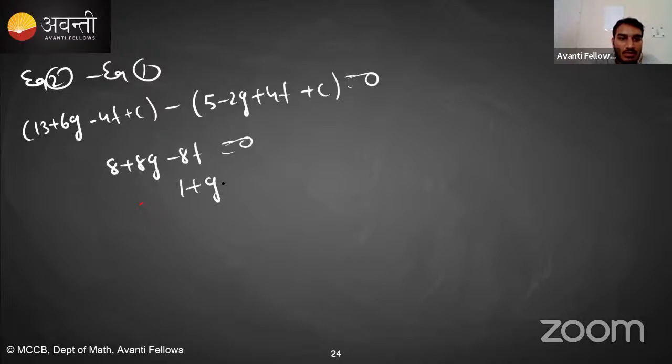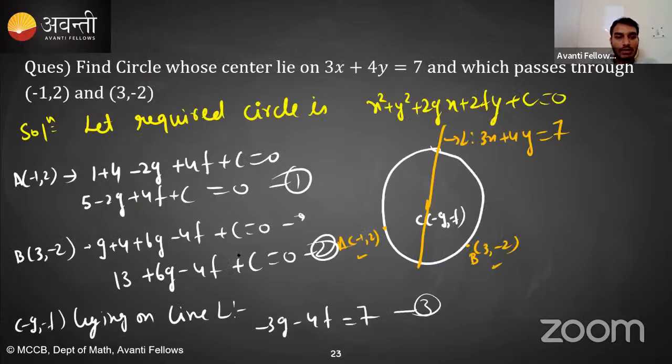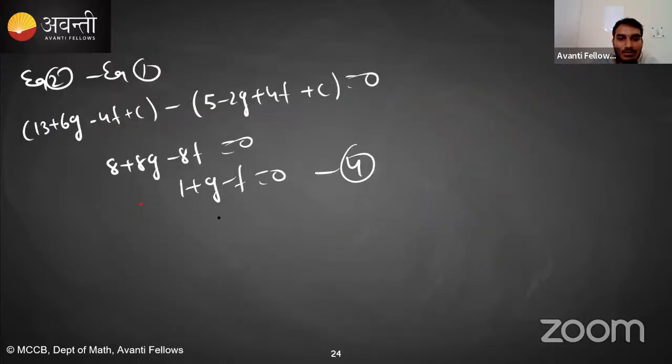So 1 plus g minus f is equal to 0. We call this equation 4. Now solve equation 3 and equation 4.